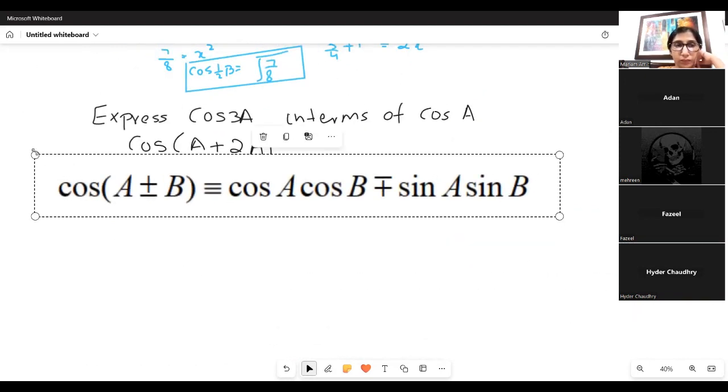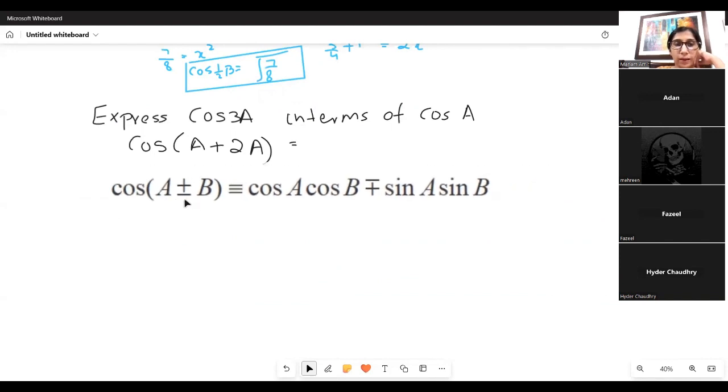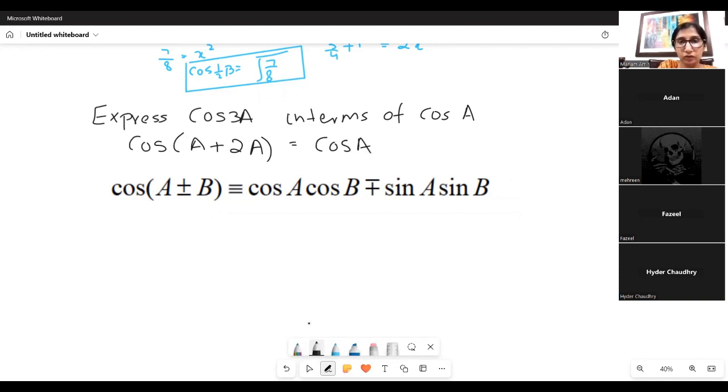Okay. So cos (A plus 2A) will be equal to cos A times cos 2A, then we have to change the sign, minus sin A sin 2A.